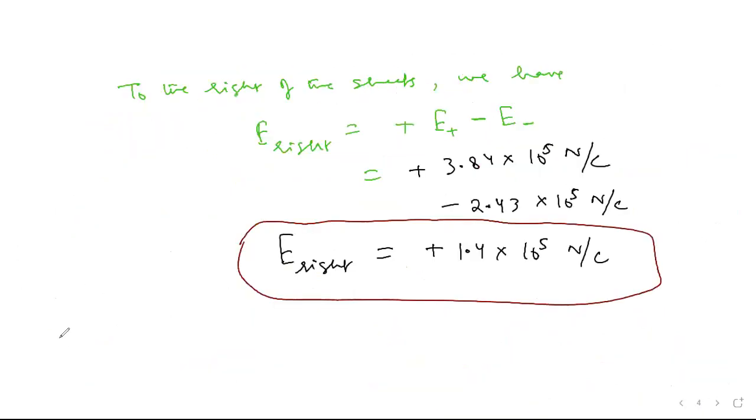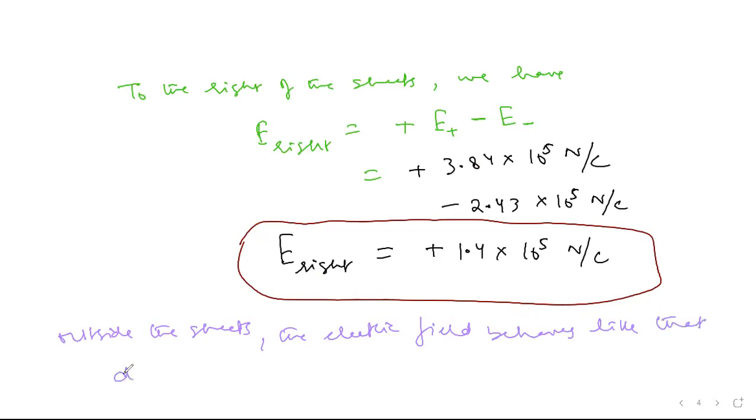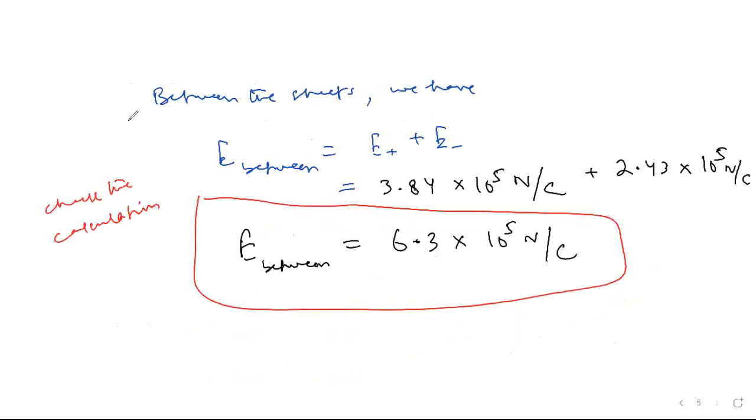So outside the sheets, the electric field behaves like that due to a single sheet whose surface charge density is... I should have written it here.